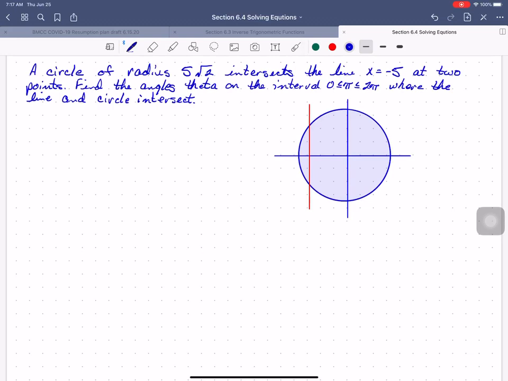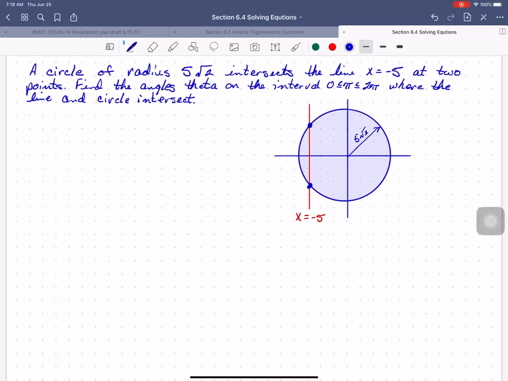So my circle has got radius 5 square root 2, and my line is the line x equals -5. Okay, and what I want are the coordinates of those 2 points. Now I've got two choices here.